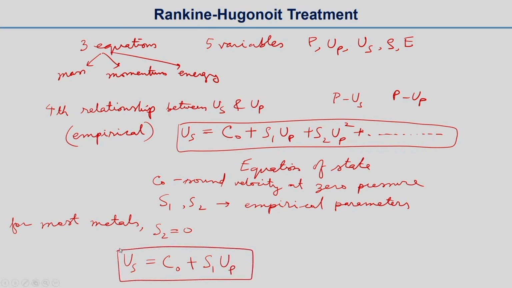So, this is the equation of state. This has a linear relation, and it is valid for material which does not undergo phase transformation, so no phase transformation, or no material porosity.